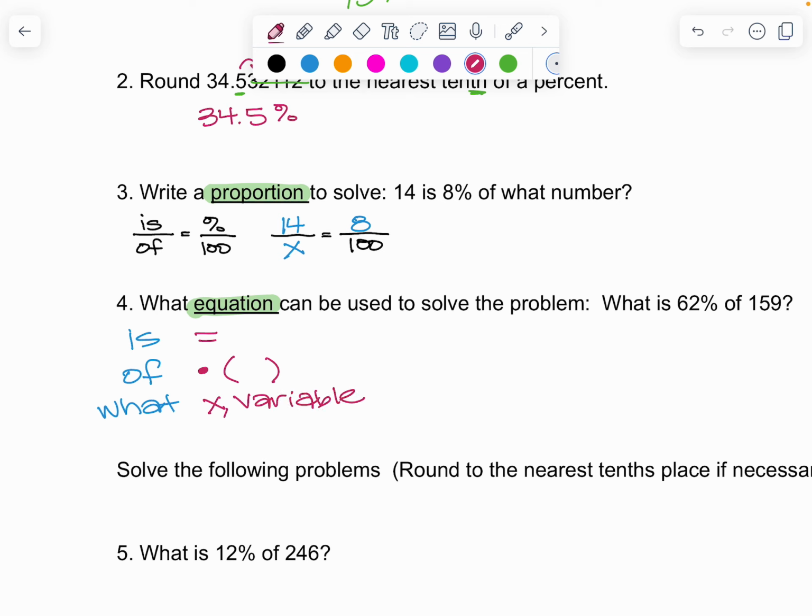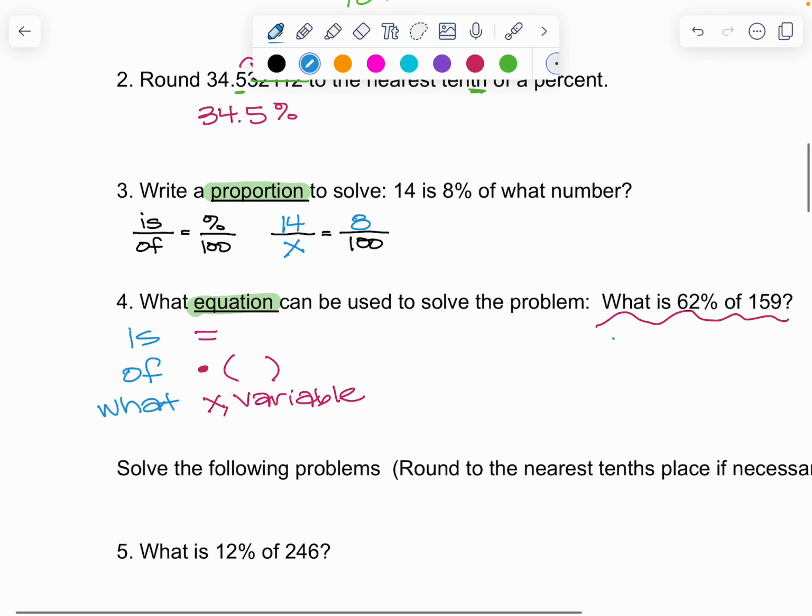All right, so let's try it. We're going to go over here. Start with the word what. Anytime I see a what, I'm going to put some variable. The word is means equals. Then I have 62%. Of means to multiply. And 159.